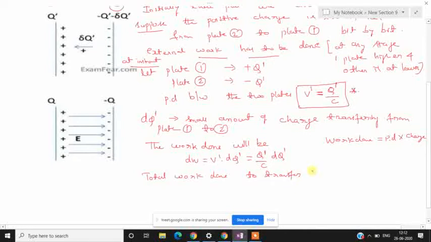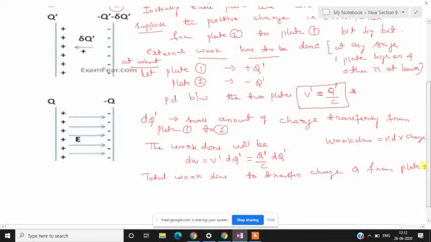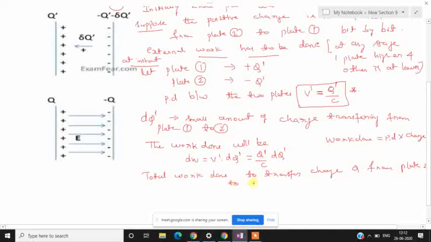So W, the total work done, is the integration of dW. From zero amount of charge to the total amount of charge Q. So dW is q dash divided by C, times dq dash.